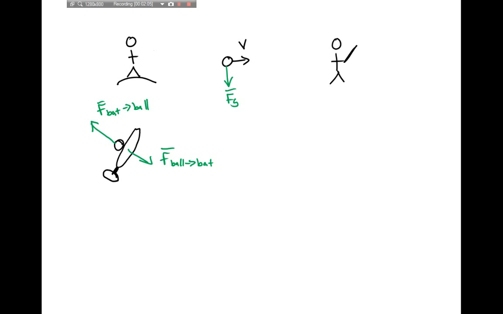And because a baseball is in contact with a bat for just such a short instant of time, such a small fraction of a second, it turns out that the impulse that is exerted by gravity when a baseball is in contact with a bat is going to be very, very small, because it's the force due to gravity times delta t, and this delta t is going to be very, very small.